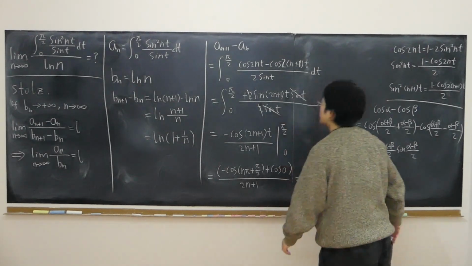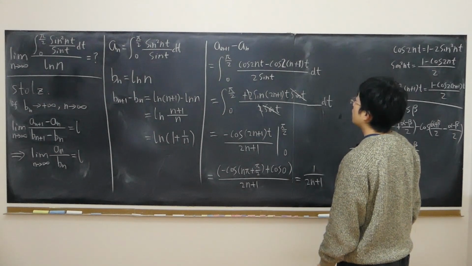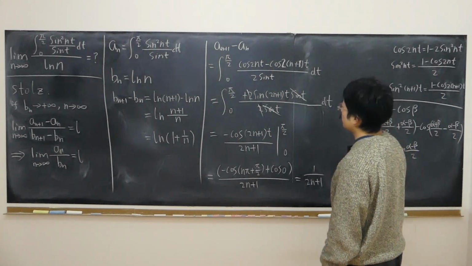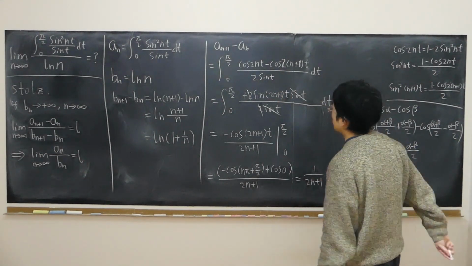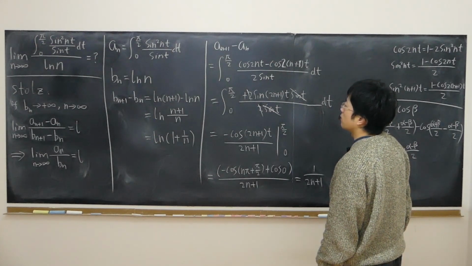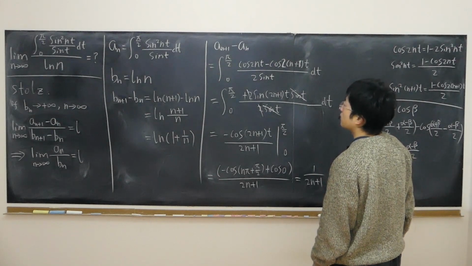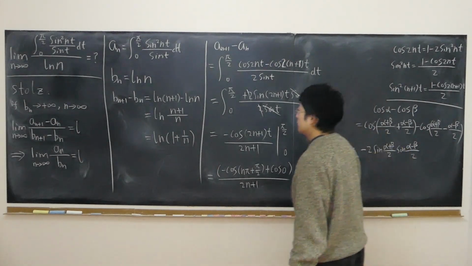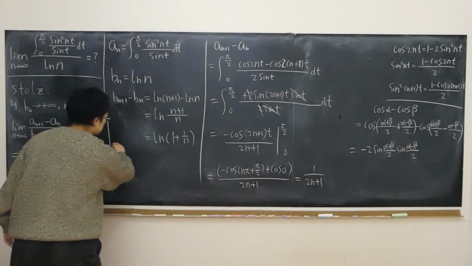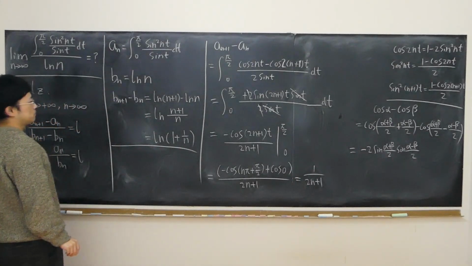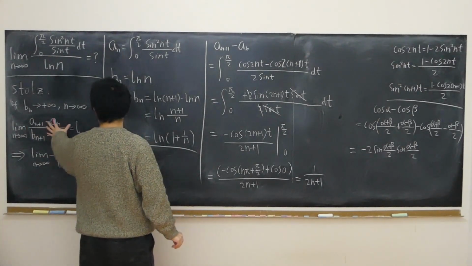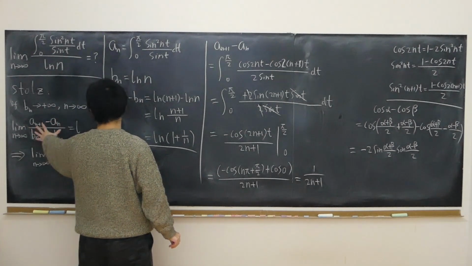Okay. So yeah, this is really the difference b_{n+1} minus b_n. Right? So now we just have to work out this expression and see if that limit exists, right?